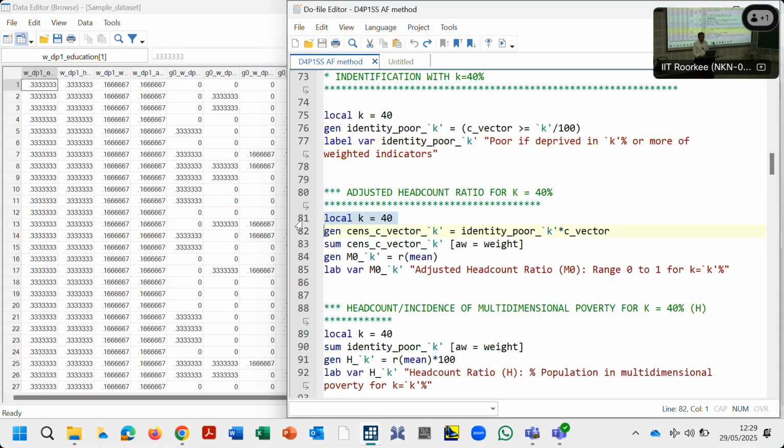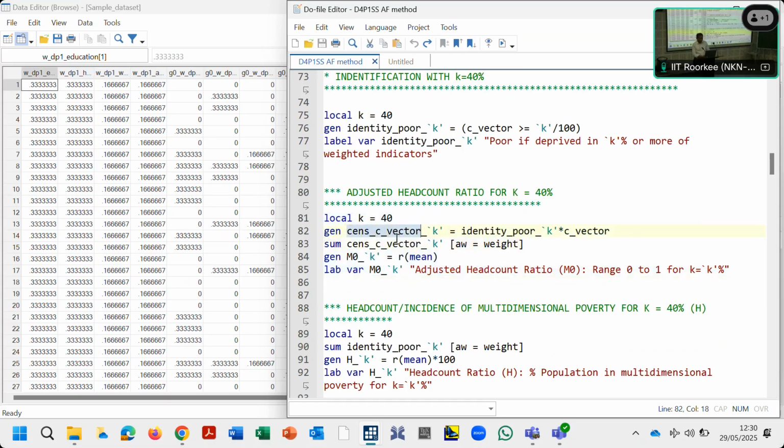So next we try to compute the adjusted headcount ratio, but for that we have to censor, remember? So how do we do the censoring? We simply multiply the C vector by this identity poor vector, because the identity poor vector has already identified who is poor with 1 and non-poor with 0. If you multiply the C vector with it, those values that fall below 40% will just drop out and be 0. So we will run this entire thing again, and look at what we are doing. We are generating this variable.